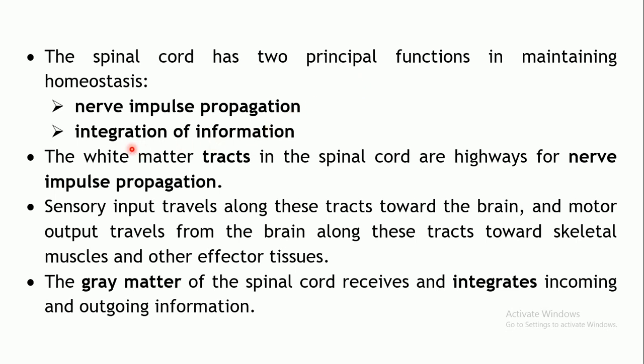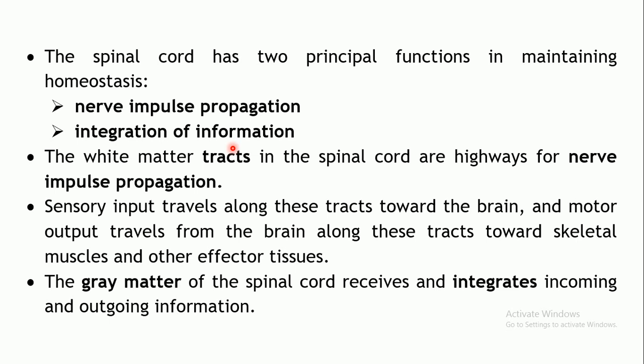The second important function is the integration of the information. So the main function of the brain is the integration, right? In the CNS, if you consider the brain and the spinal cord, most of the sensory information which is brought towards the CNS is processed by the brain, the higher center as it is called.